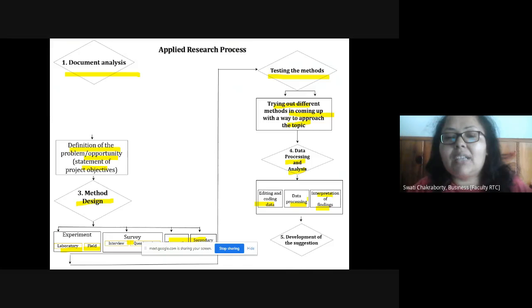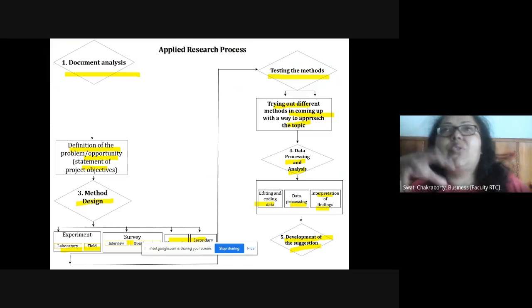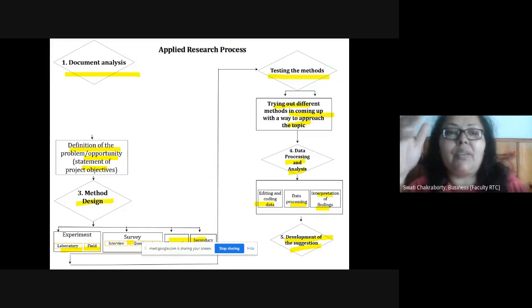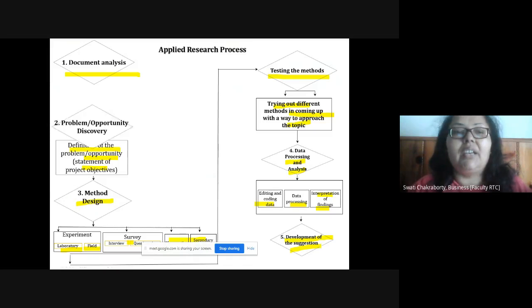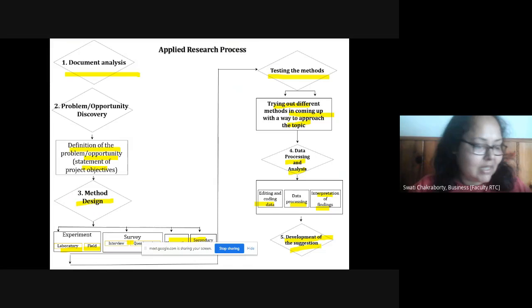Then from your analysis, you come up with your suggestions: how do you solve this problem? How do you address your objectives? So this entire process is the second step, right?